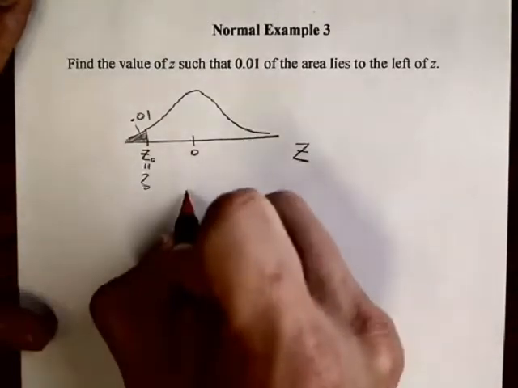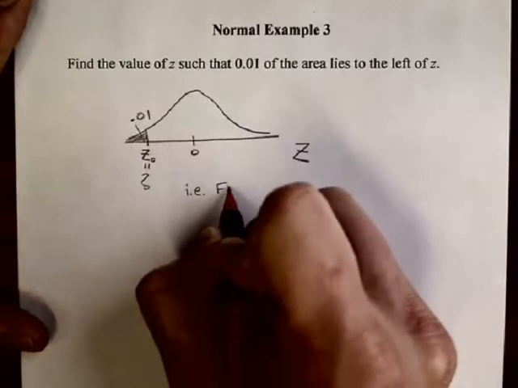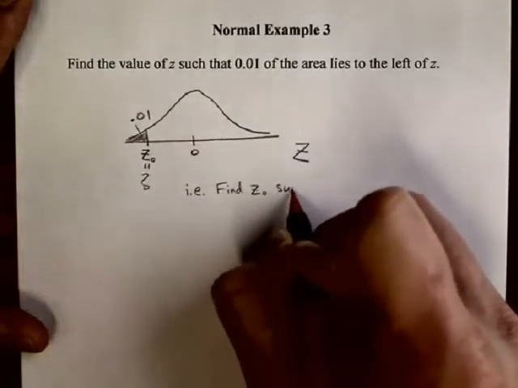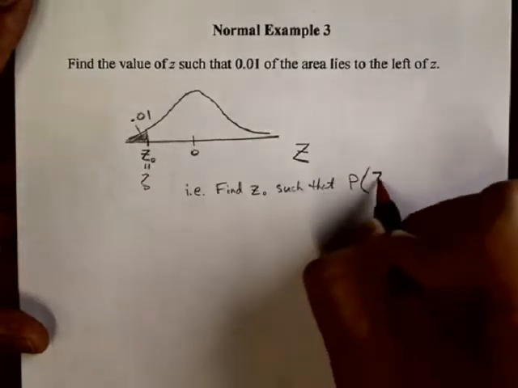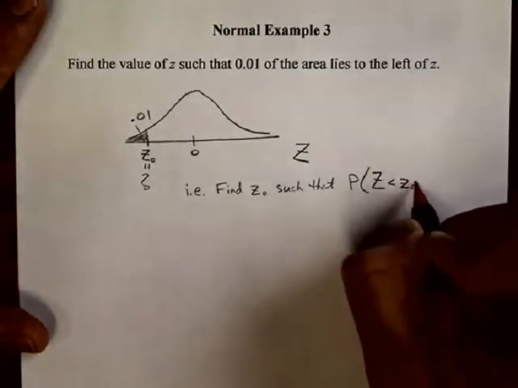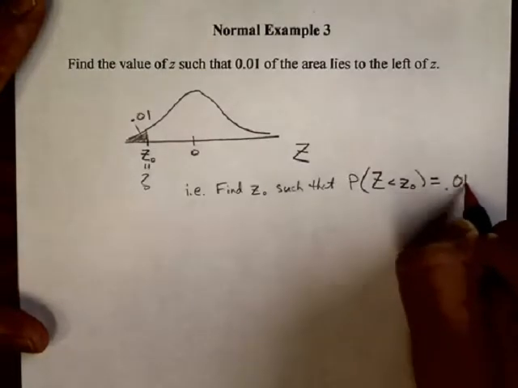Another way to think about this question is to find z naught such that the probability that the standard normal variable is less than z naught equals 0.01.